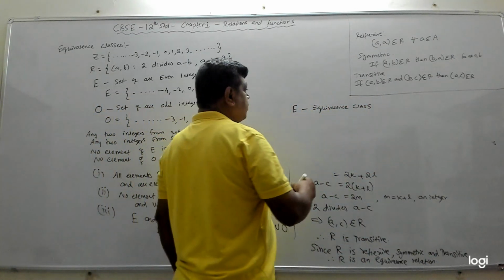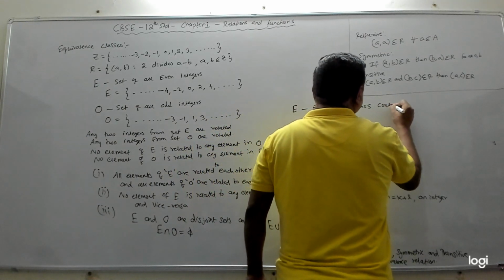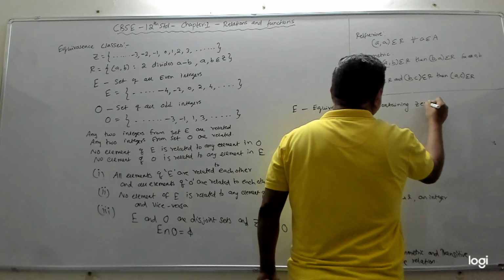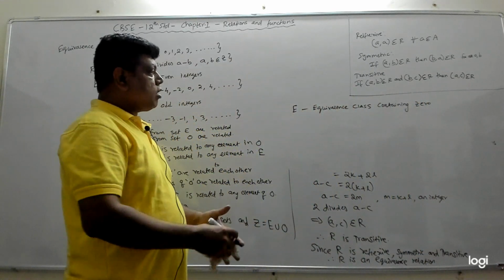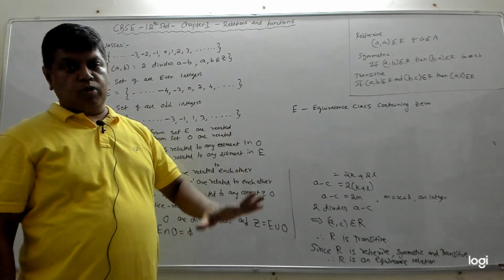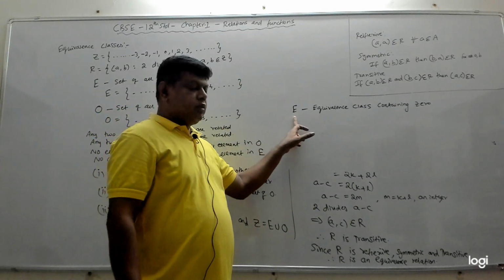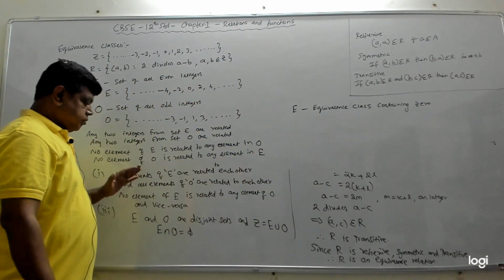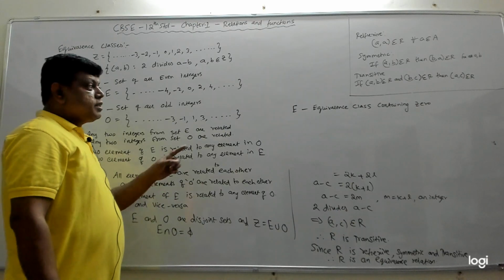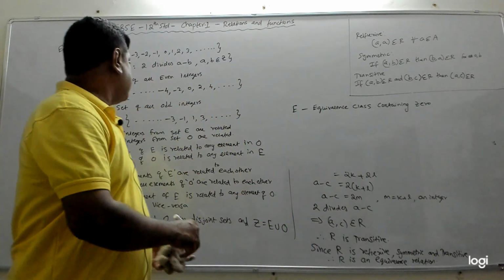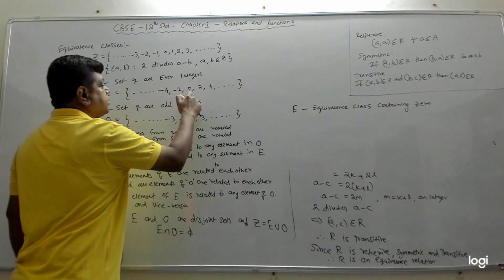And we'll say E is an equivalence class containing 0. What is the meaning of equivalence class containing 0? It means this set satisfies all these conditions, and also this set has the element 0 in it. Obviously E has 0.